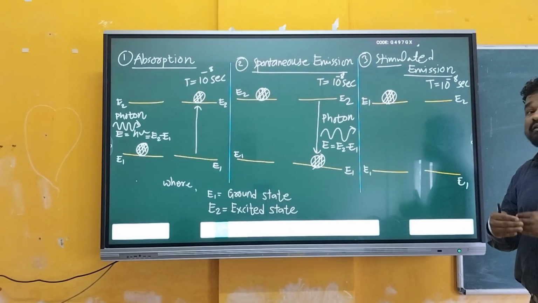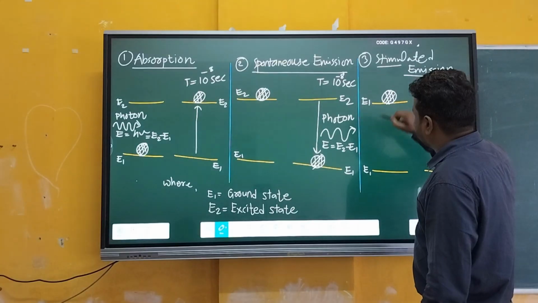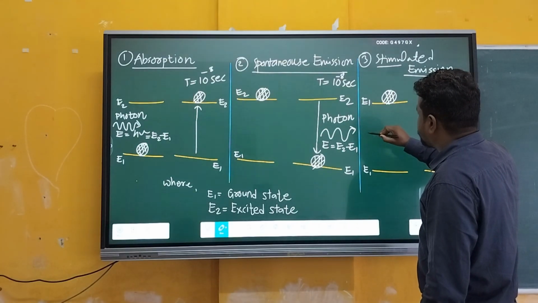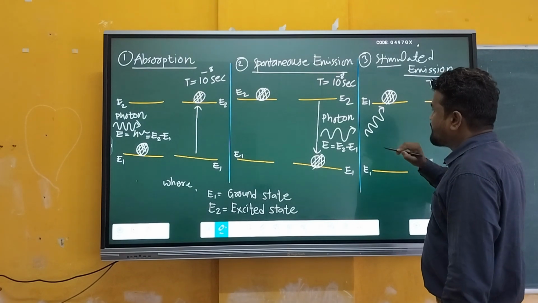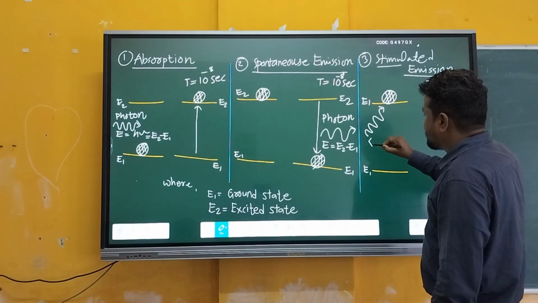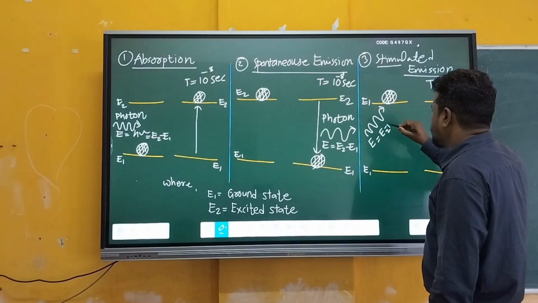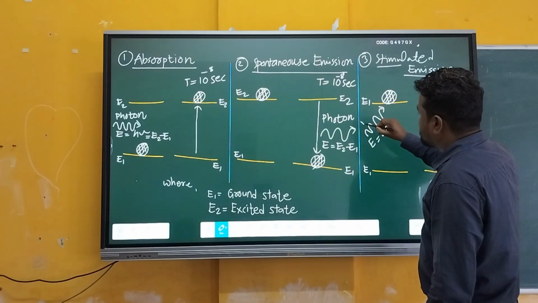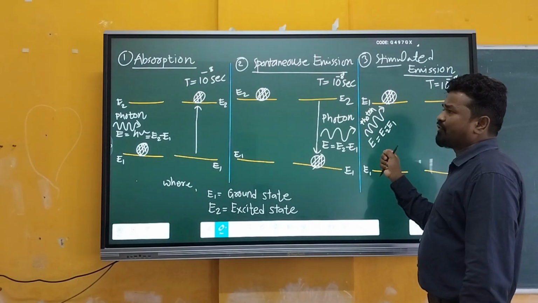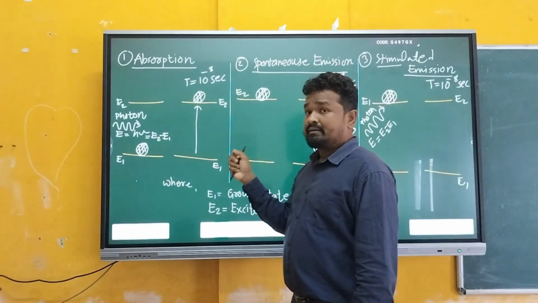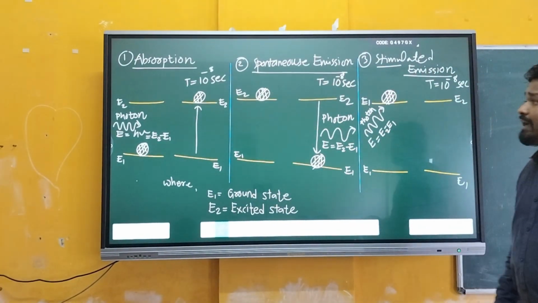something new is going to happen. A photon is incident on this electron, which is at the excited state. That photon also has the similar energy E2 minus E1, exactly the same photon which was incident at the time of absorption.